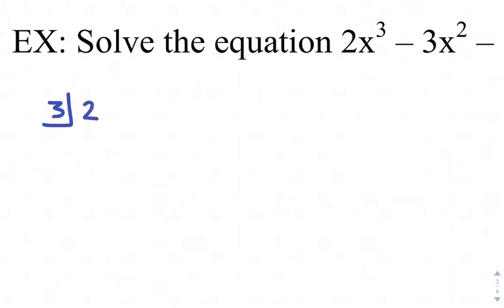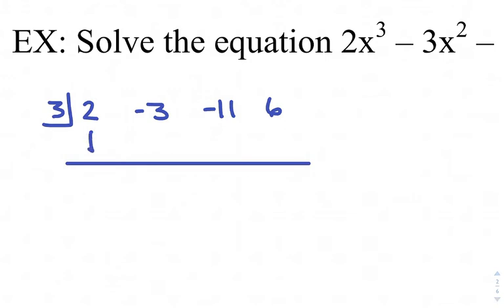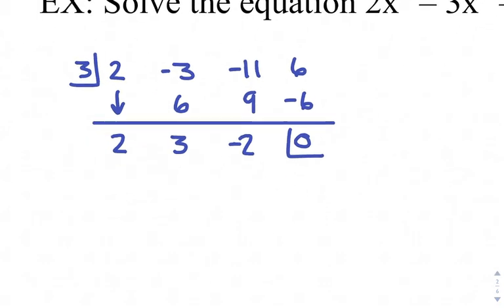And then I'm going to put my coefficients in: 2, negative 3, negative 11, and 6. I drop down the first term, so I get 2. 3 times 2 gives me 6. Negative 3 plus 6 is just 3. 3 times 3 is 9. Negative 11 plus 9 is negative 2. And then 3 times negative 2 is negative 6, and adding gives 0. So it is a factor.